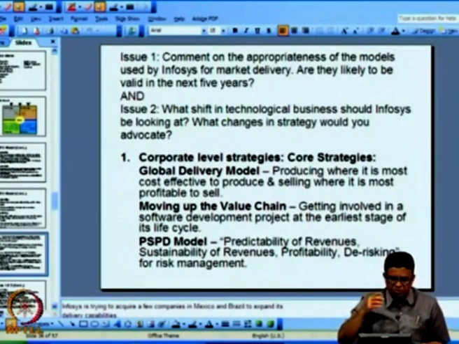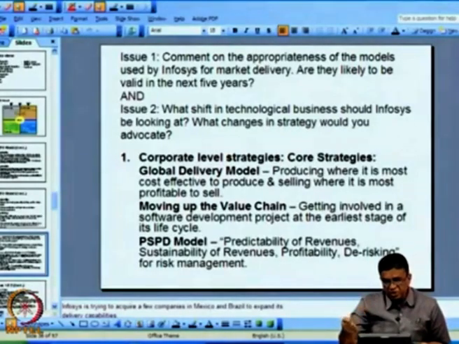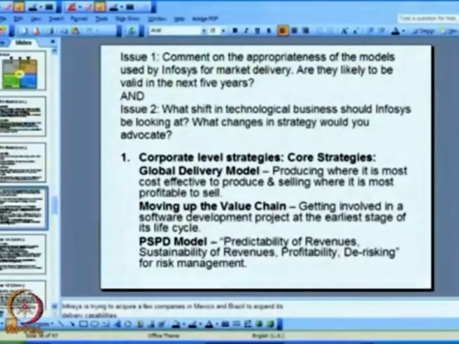You have got full information, and with this full information at your command, you are in a better position to answer the issues that are listed in the case. Two issues are taken up concurrently, the first issue and the second issue: appropriateness of the models and the shift in technological business.